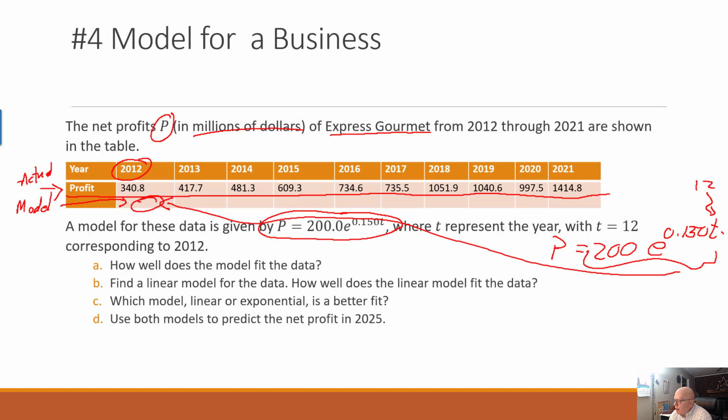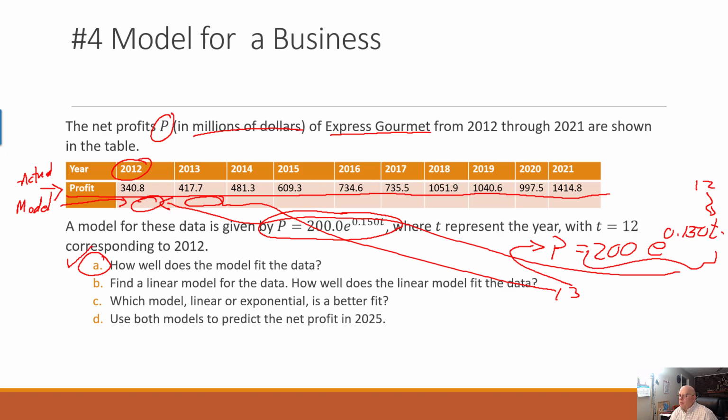Then you'll take 13, put it in this model, and put your result right here. Do the same thing, 14, 15, 16, 17. The idea is to see how close the model comes to real life. That's part A. Check.